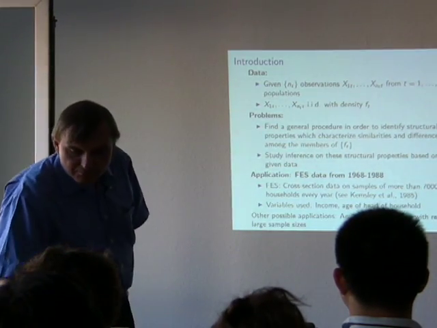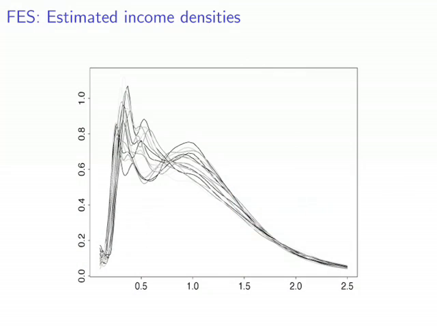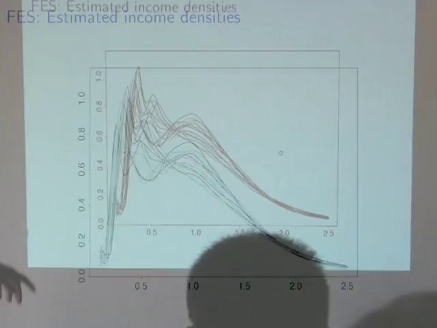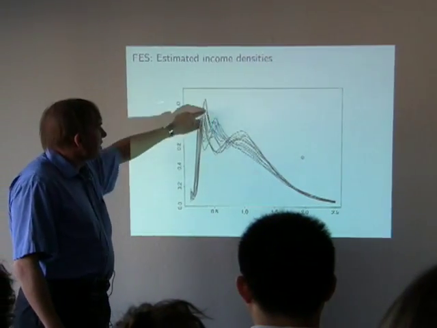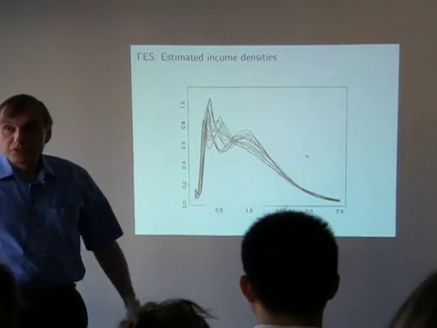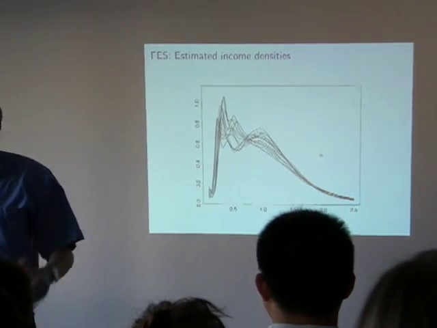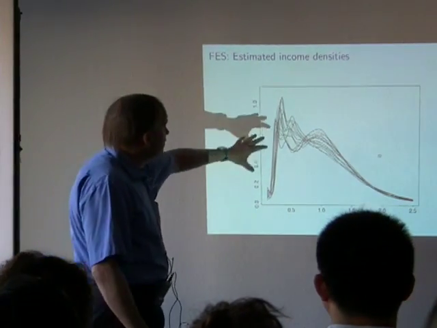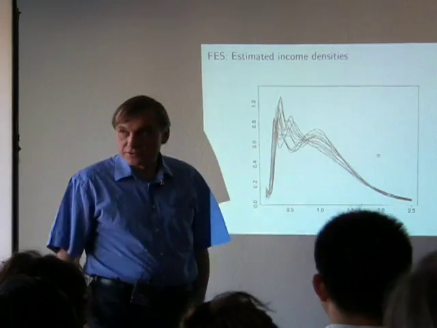So just to show you some pictures here. For example, what you see here are estimated income densities over something like 20 years. Each line here is an income density from Great Britain for a specific year, and you have several curves here. These are several years.